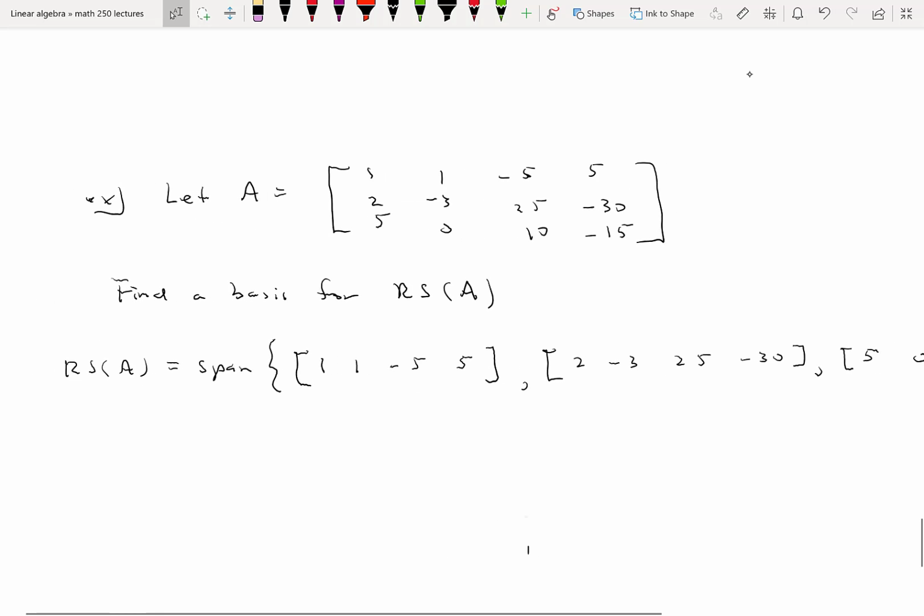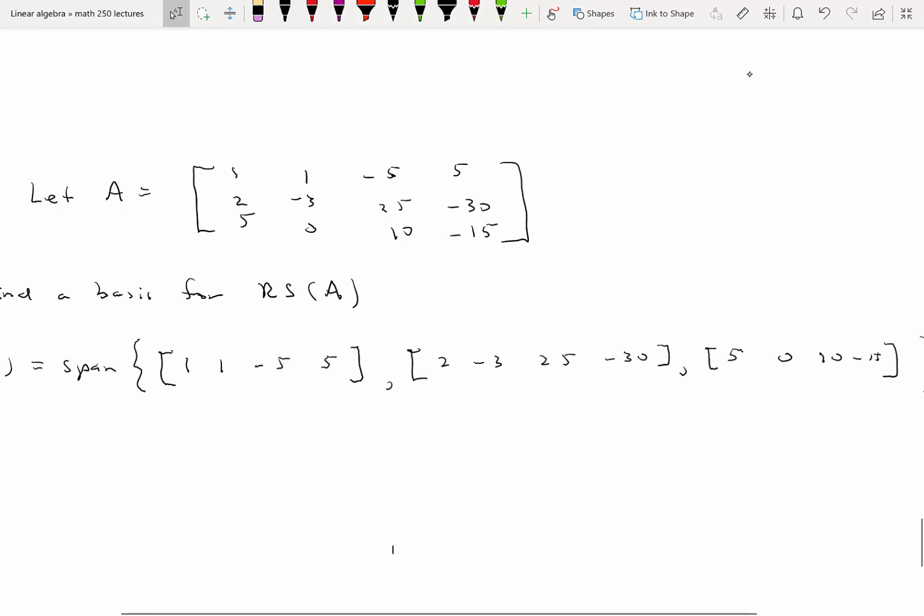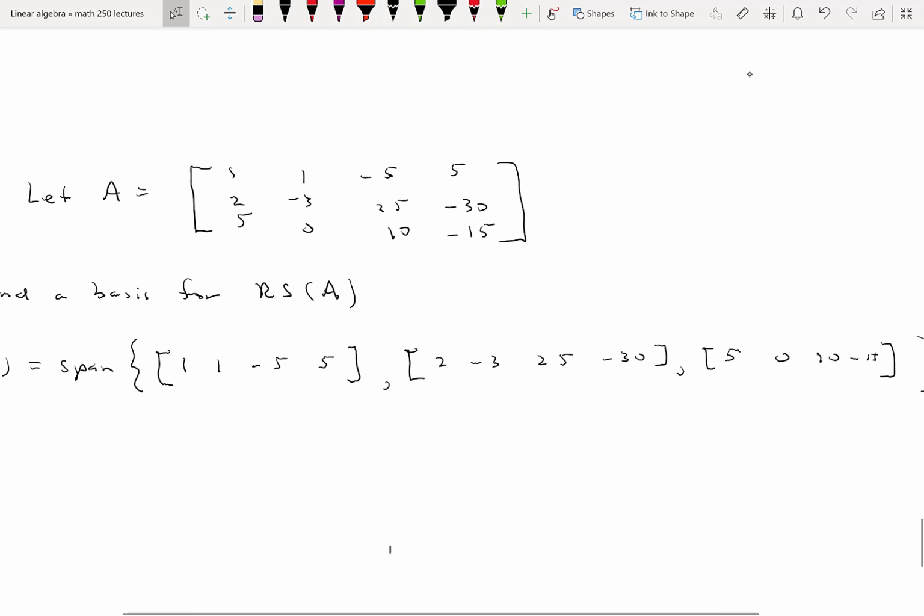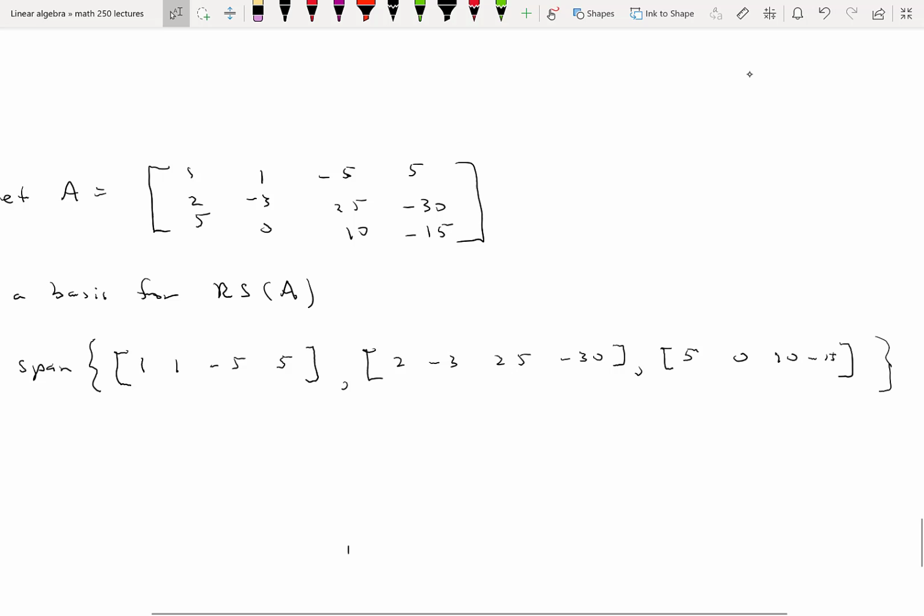Now, you would think it would be very simple just to pluck off those 3 vectors as your basis, since everything in this span is a linear combination of these three row vectors. The problem is linear independence.